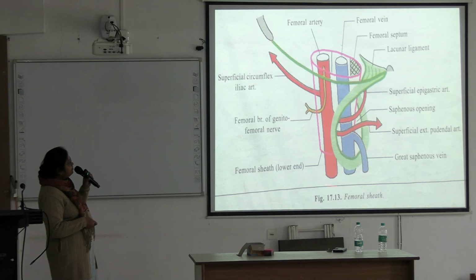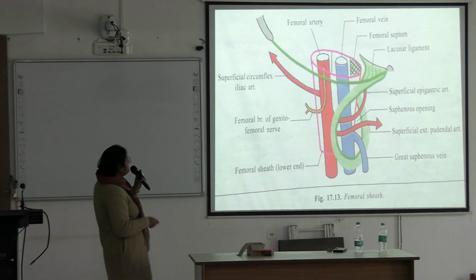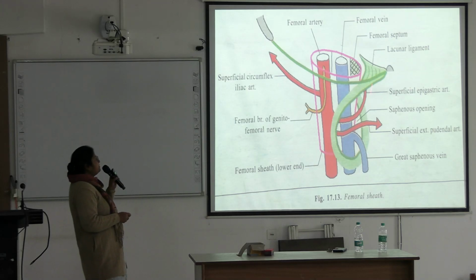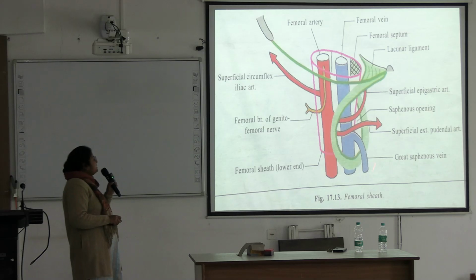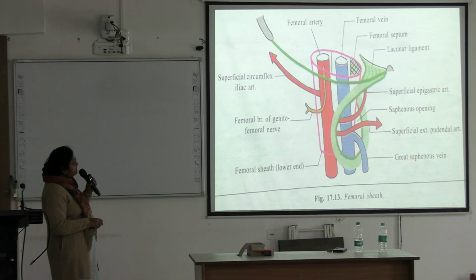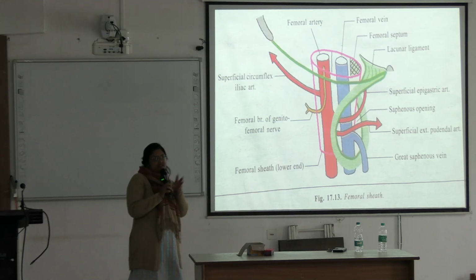And here the saphenous opening has been shown. Through the saphenous opening come out the superficial branches of the femoral artery, superficial epigastric and the superficial external pudendal. And the superficial circumflex iliac is piercing the femoral sheath laterally. And through this opening the great saphenous vein is entering. Okay, this is important. At this junction there is a valve.